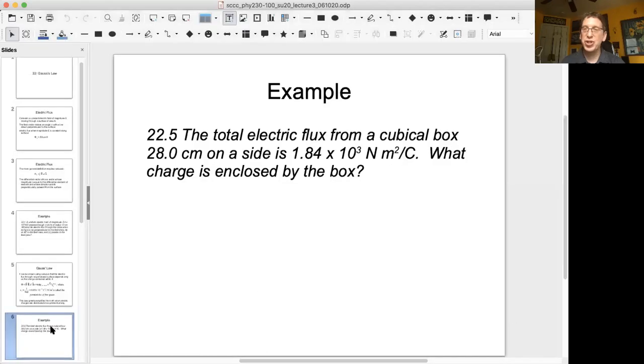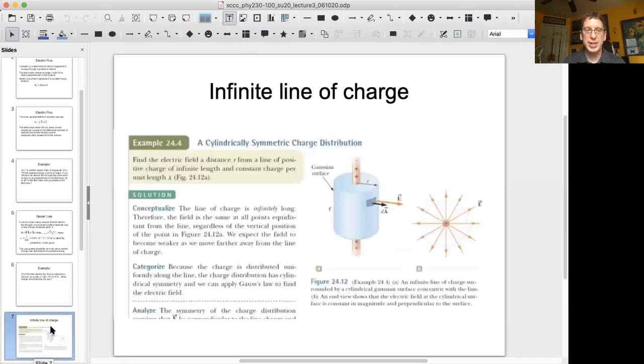I'll show you how integrating to find the electric field works with these first two examples, and then I'll show you how Gauss's law makes them much easier. Then we'll go to a third example that would be much harder to integrate even than the two examples I'm going to show you. We're not going to go through that integration, but we can see how Gauss's law makes the problem doable at this level of physics.